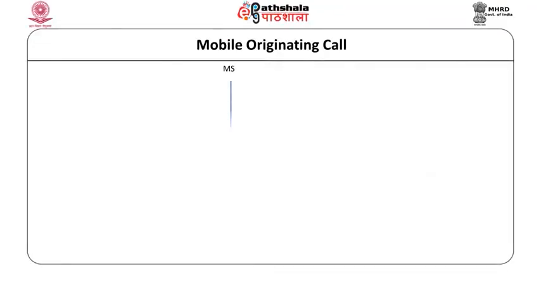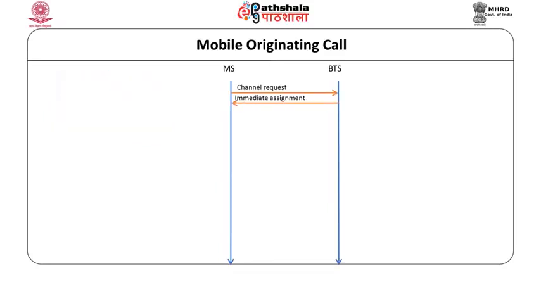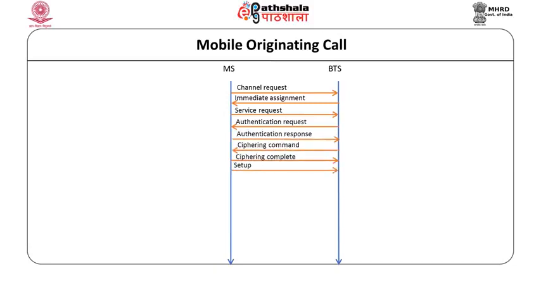So, just have a quick look at the sequence of messages exchanged during the mobile originating call. Channel request by the mobile station, if available, a signaling channel is assigned, service is requested by the mobile station, authentication, ciphering, and then the call setup is assured.